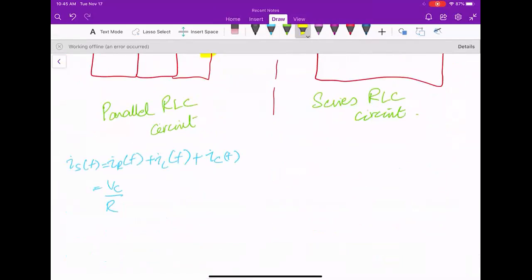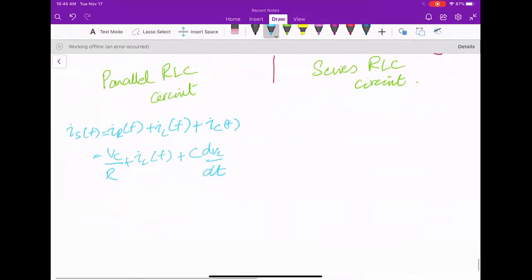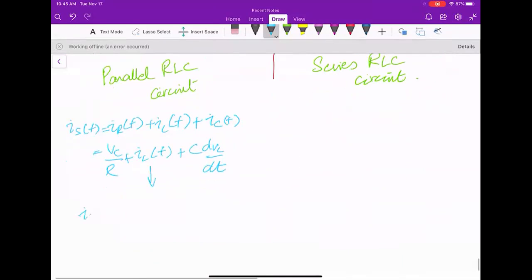So you are saying VC by R plus IL of t plus C dVC by dt. Now this IL is actually equal to 1 by L integral from 0 to t of VC of t dt plus the initial condition. Sounds good?